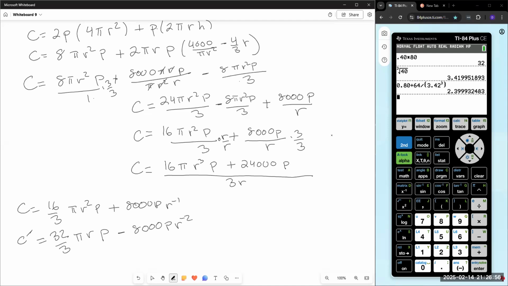When I find C double prime, that's going to be 32 thirds pi p plus 16,000 p r to the negative third.